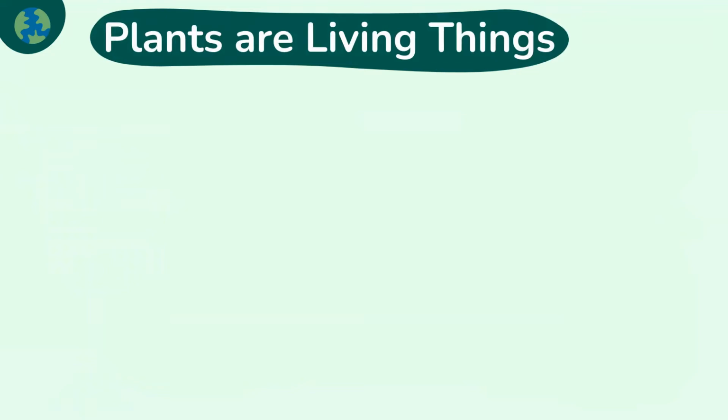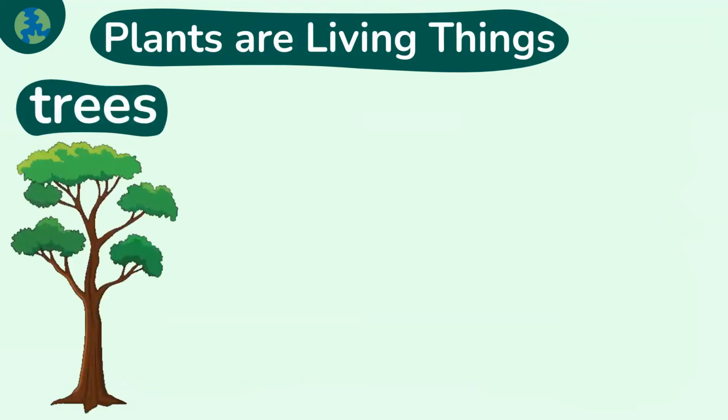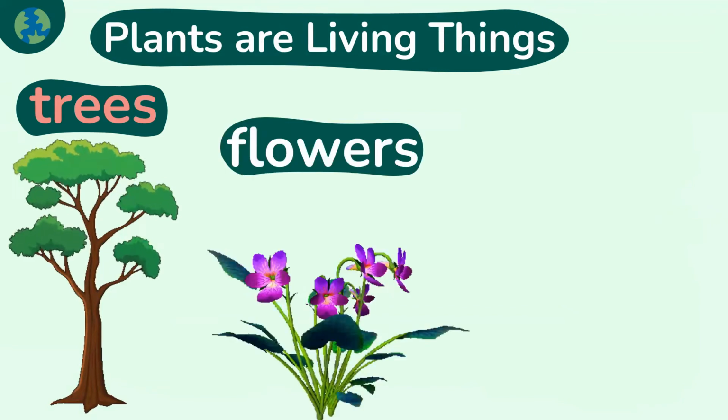Plants are living things. Examples of plants are trees. Let's spell the word trees. T-R-E-E-S. Trees. Another example of plant is flowers. Let's spell the word flowers.